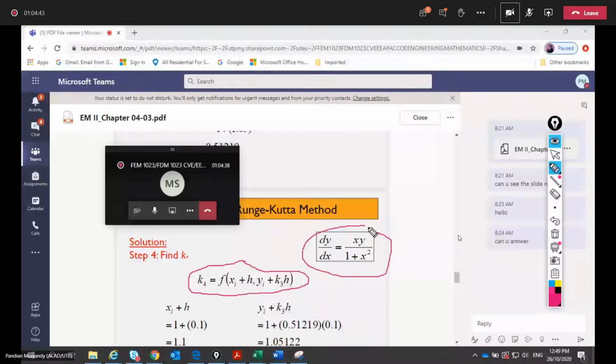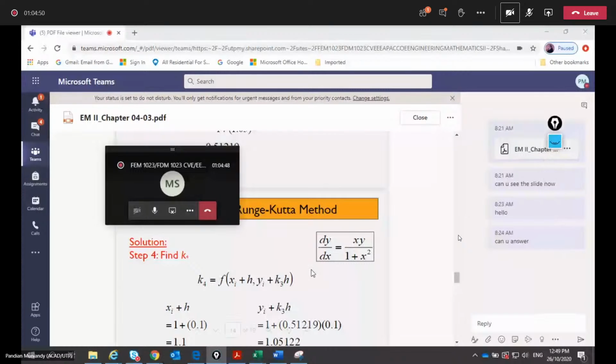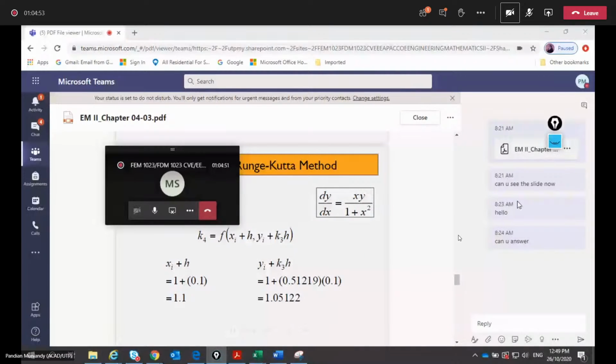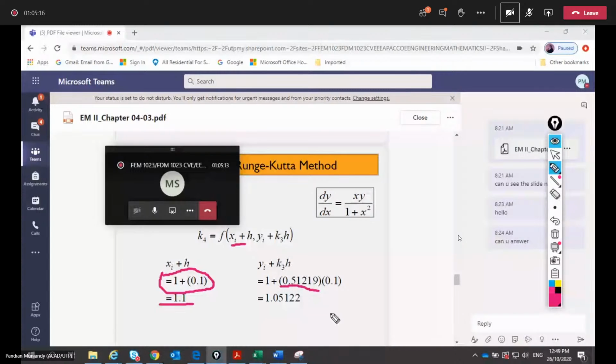So you are calculating the new x, xi plus h. 1 plus 0.1 equals 1.1. This is your new x. And new y, yi plus k3h, with k3 being 0.51219, to 5 decimal places.